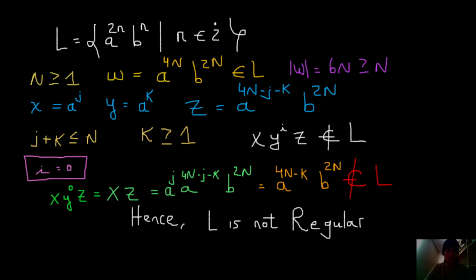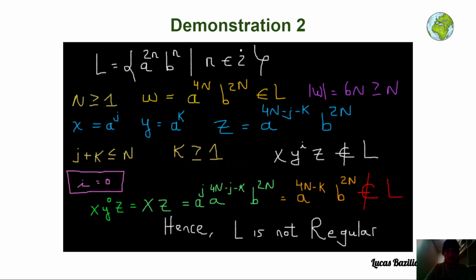Remember that you can check the solution of this demonstration too, in the downloadable documents of this lesson. Again, for this demonstration we have chosen the value of i to be 0, but you could have chosen any other natural value greater than or equal to 0 that is different from 1. The only value that you cannot choose is the value 1, which is precisely the value that we used for representing this word w initially as the factorization of x, y, and z.